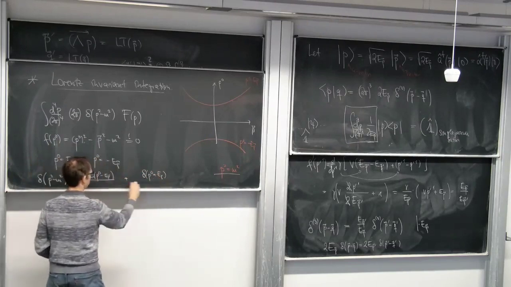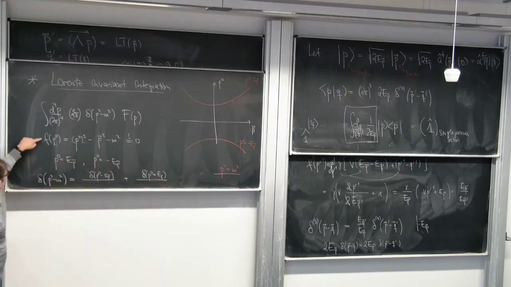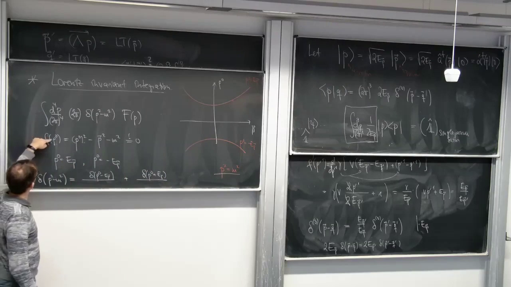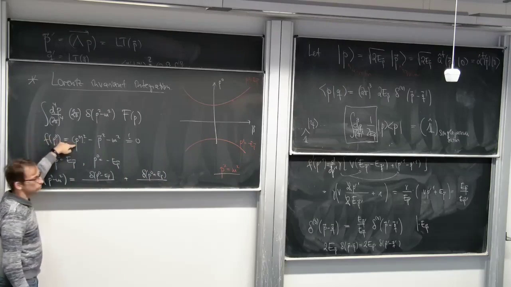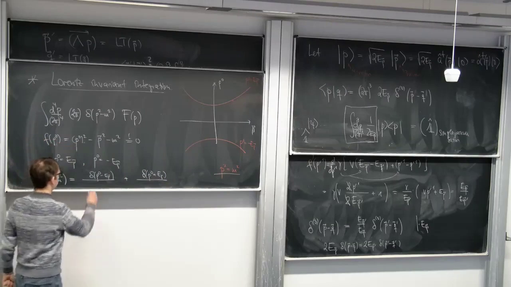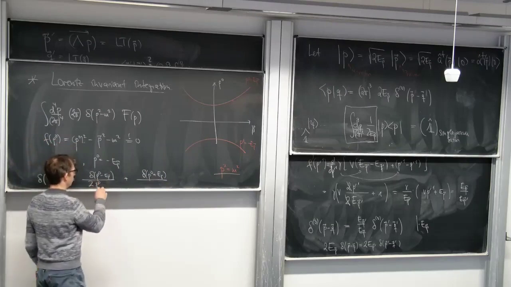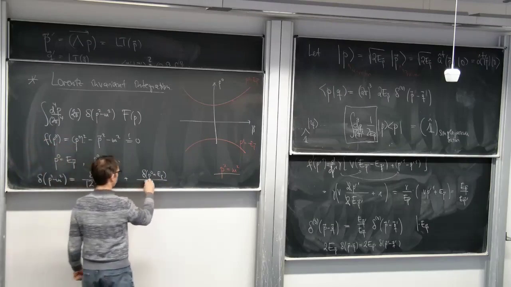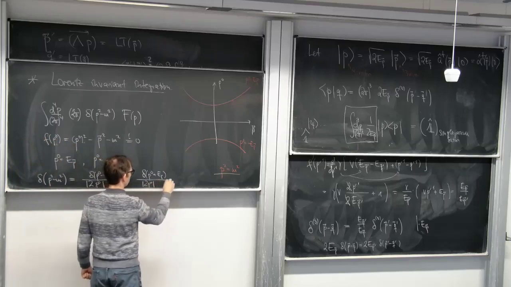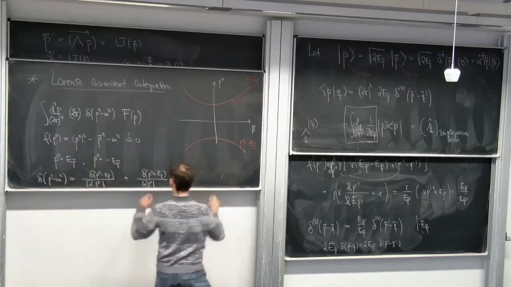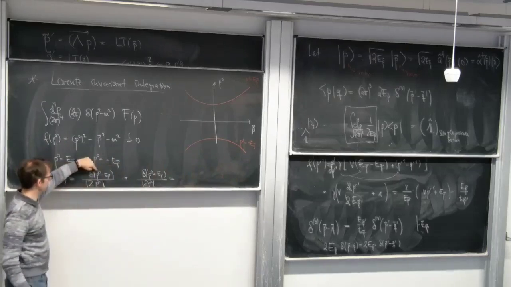And now we have to divide by f prime. F prime is just 2p0, in absolute value. And now the top one, that's p0 equals E_p.